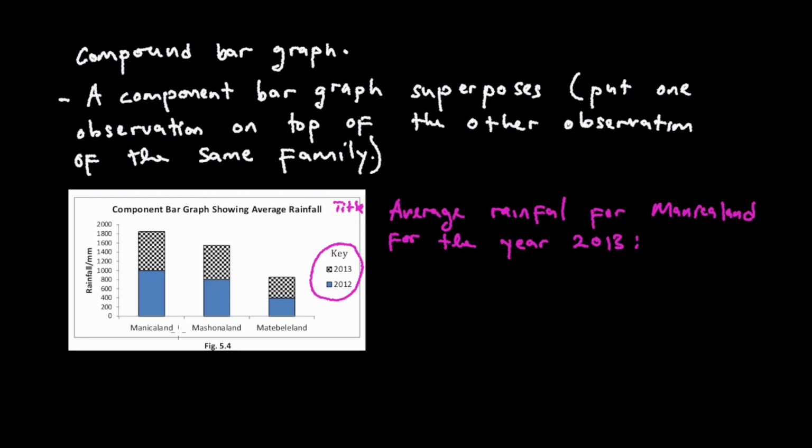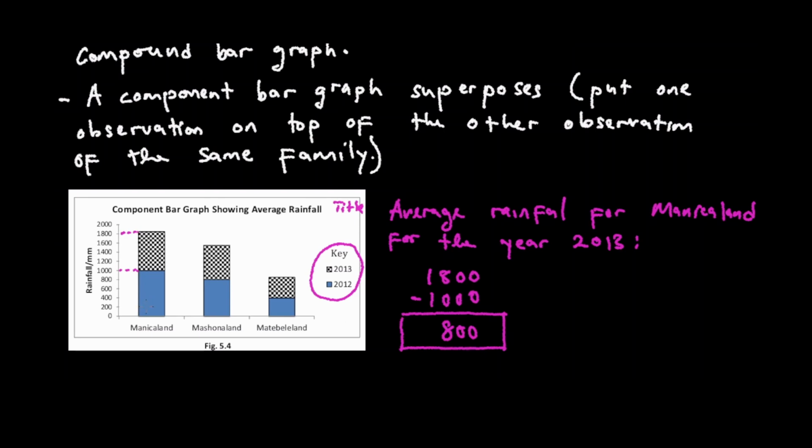For the year 2012, we are just going to take this reading. But for the year 2013, we take this reading, which is 1800, and subtract the reading for 2012, which is 1000. So for 2013 Manicaland, it's going to be 800 millimeters.